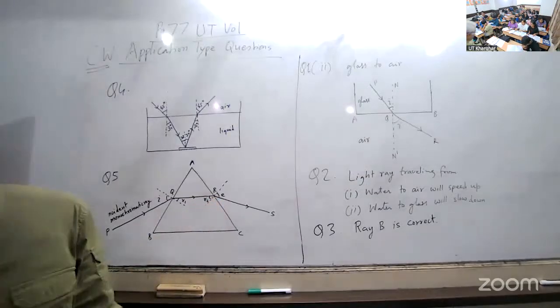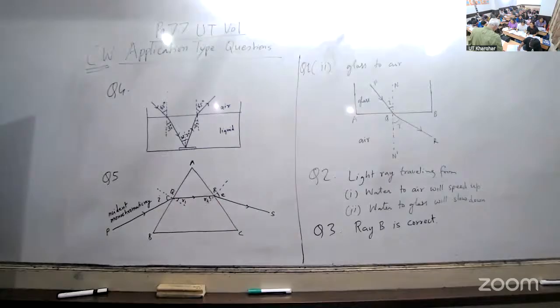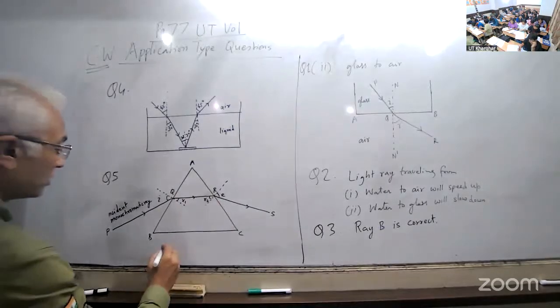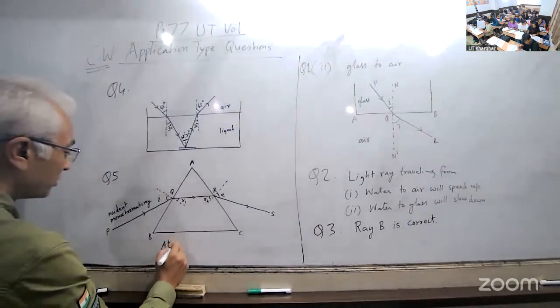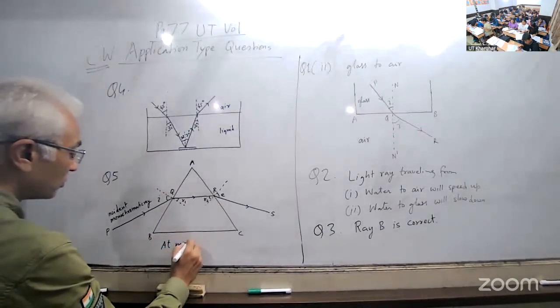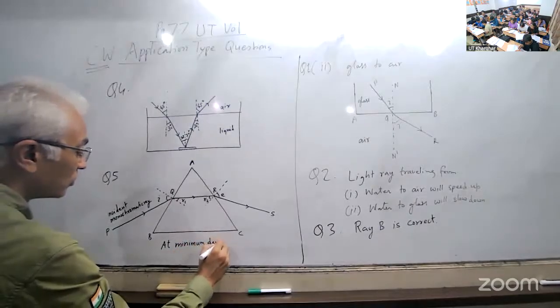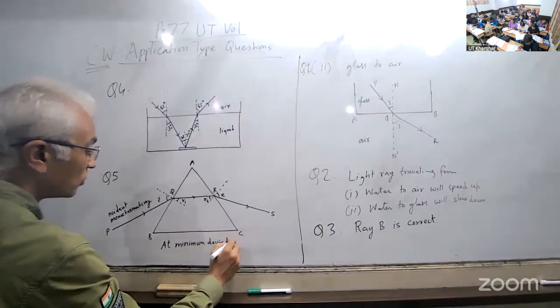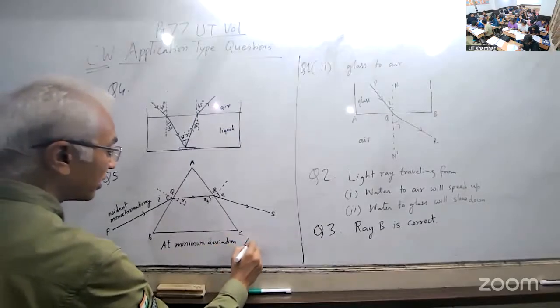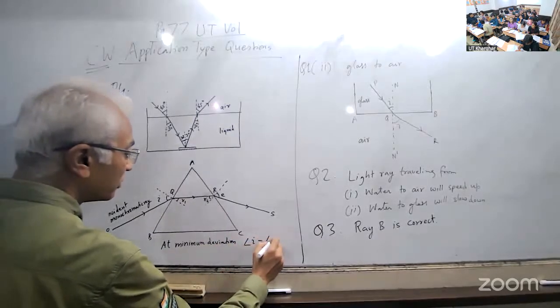Do you have to show angle of deviation? So the first part is at minimum deviation. Angle of incidence is equal to angle of emergence.